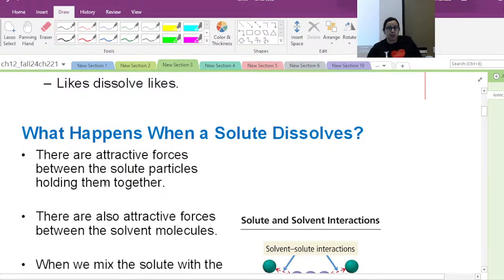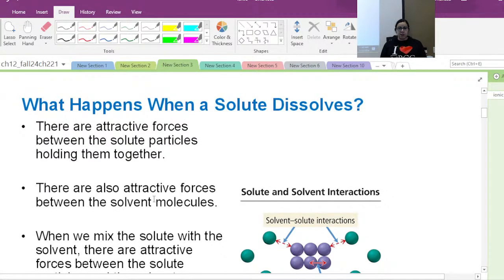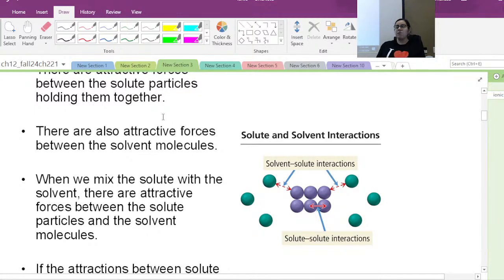Let's now think about what happens when it dissolves. We've talked about these attractive forces that are holding the solute particles together, those electrostatic forces. So obviously we have our salt crystal, and these would be the solute-solute interactions, our electrostatic forces.